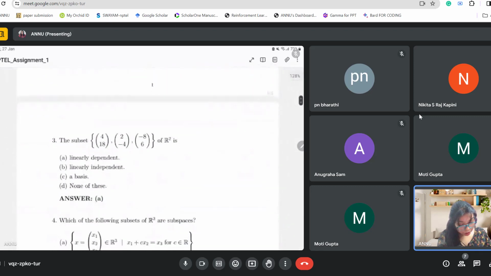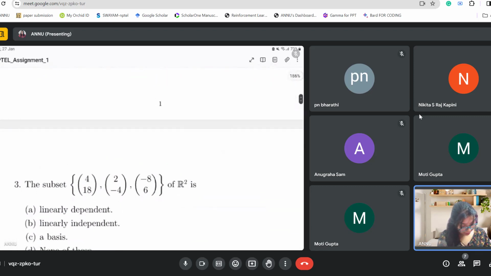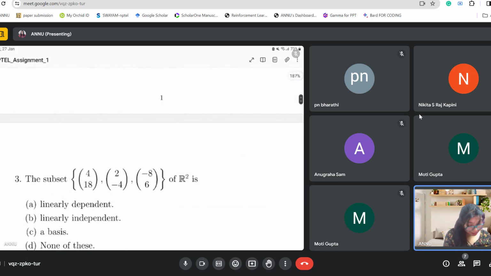Okay, moving ahead. Tell me whether the subset is linearly dependent, linearly independent, or a basis, or none of these. You have to just identify whether these subsets are linearly dependent or independent. A: linearly dependent. You have to solve the system of linear equations.